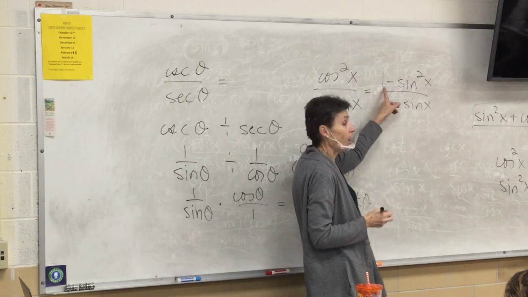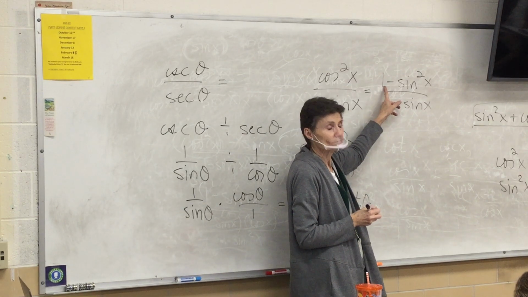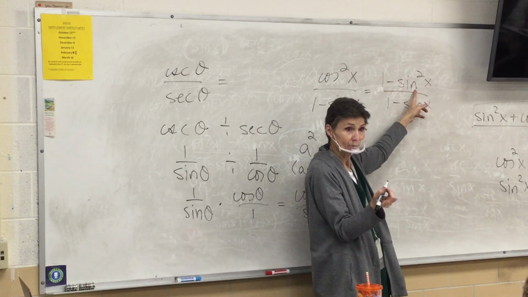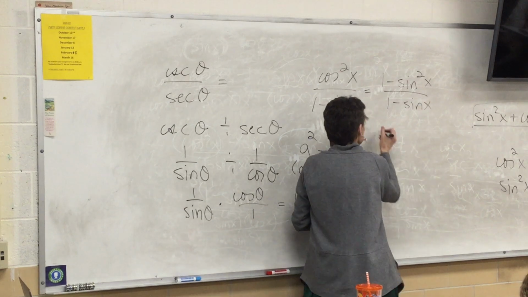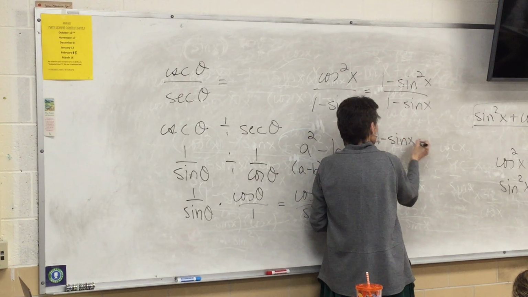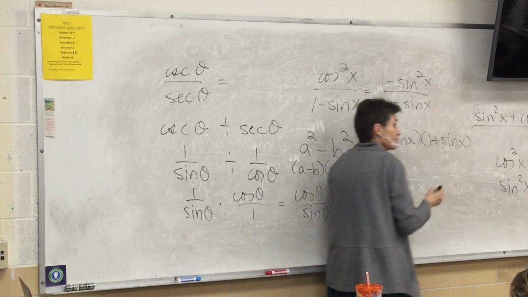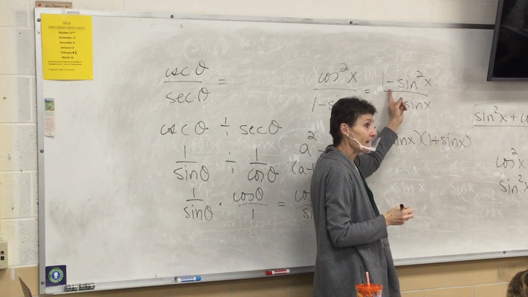Now, is 1 a square? 1 squared. This is obviously a square. So that numerator is 1 minus sine, 1 plus sine. A minus b, a plus b.